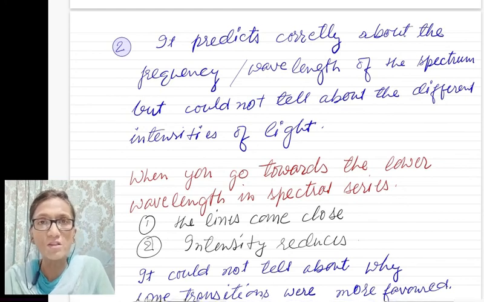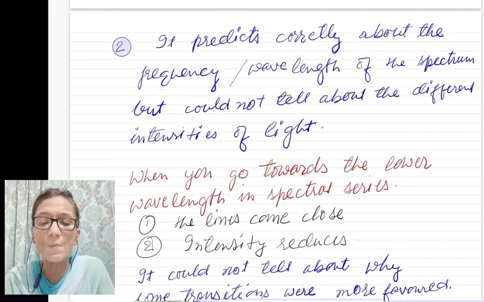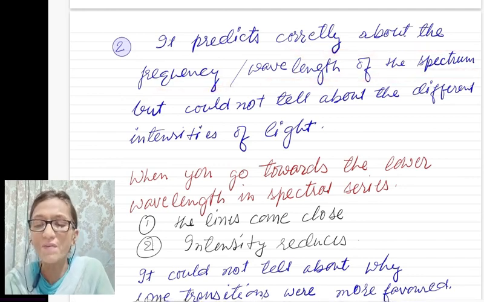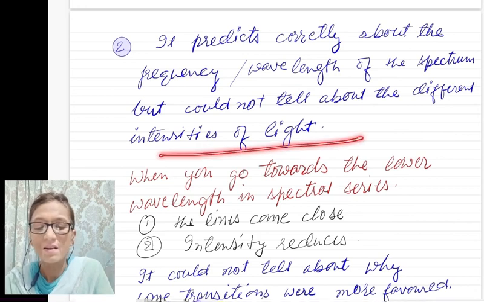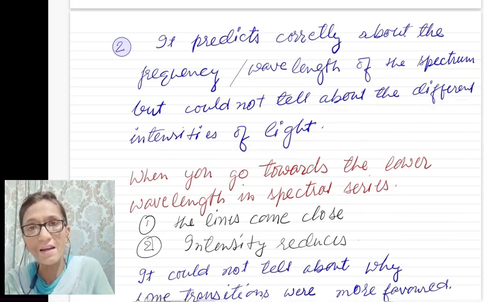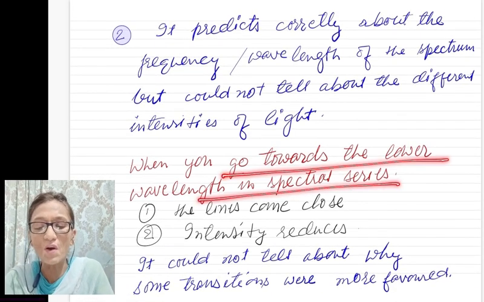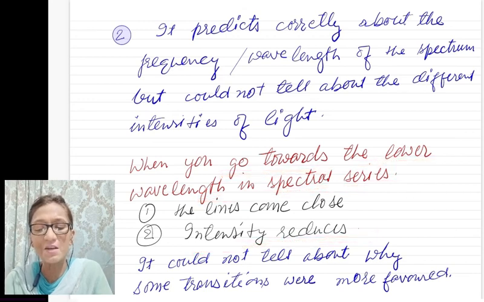Now, Bohr's postulate could not predict the intensity of wavelengths in the spectrum. It could predict correctly the frequency and wavelength of the spectrum. But what is the cause of different intensities? When you go towards lower wavelength, intensity reduces. And second thing, spectral lines come close.